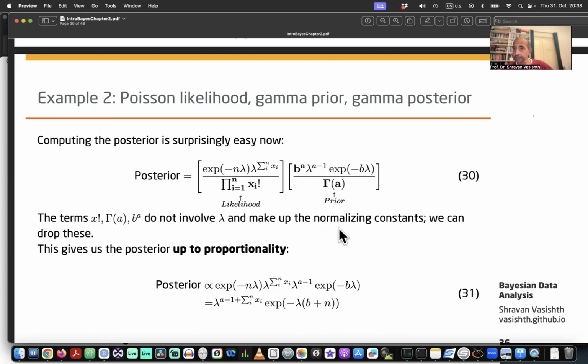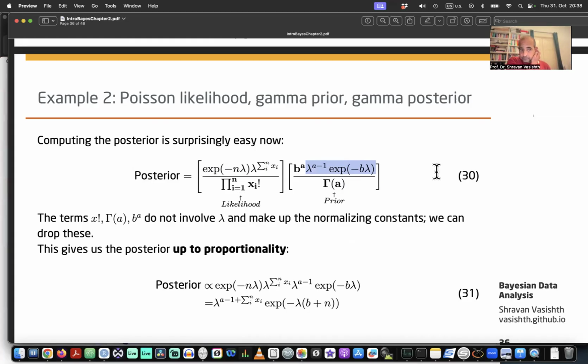So we're going to drop those because lambda is not involved in any of these. And we can always figure out the normalizing constant once we get to the posterior. We can't always do that, but in this particular case, we can. Okay. And so we're going to only look at the kernel of the likelihood and the kernel of the prior, because that's where the lambda turns up, right? That's where we see the lambda term.